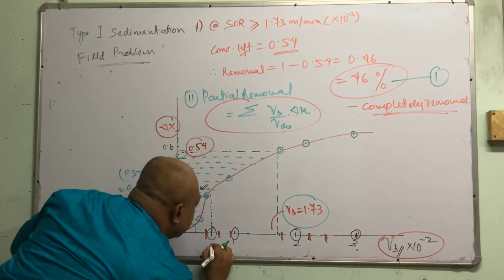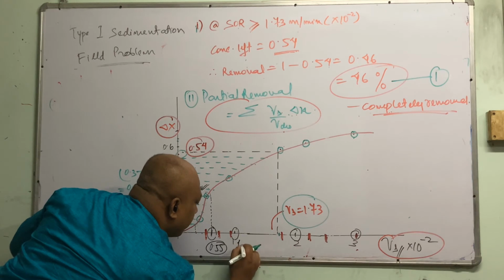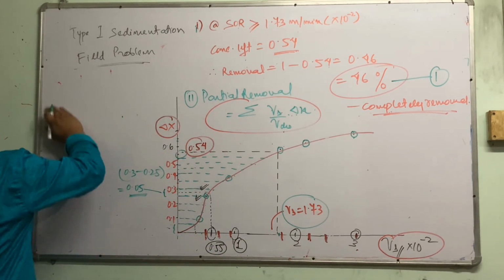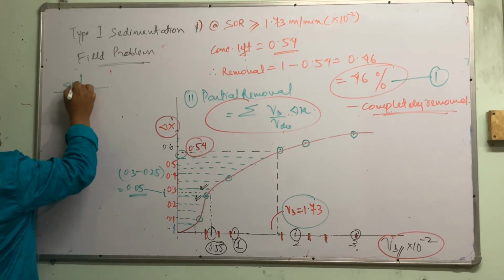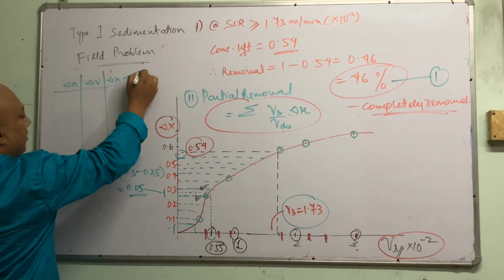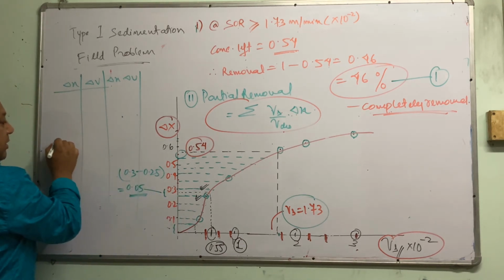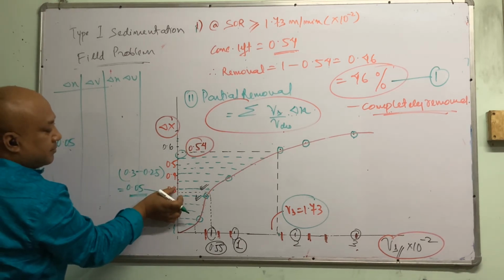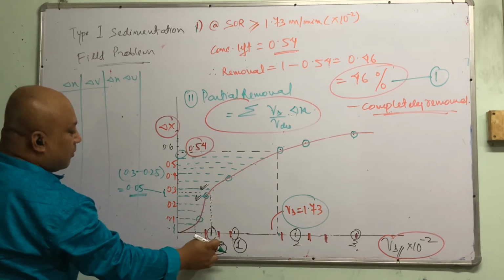This is around 0.55. So you have to again make a table between the two: what is del x, what is del v, and what is del x into del v. One example I'll plug in: del x is 0.05, this part, and what is del y? Del y is 0.55.